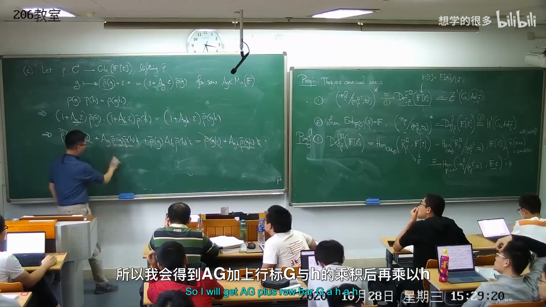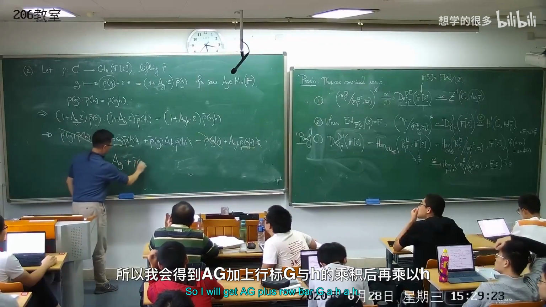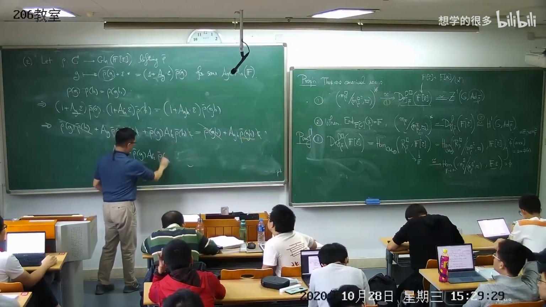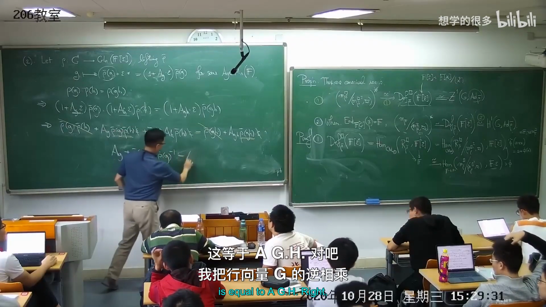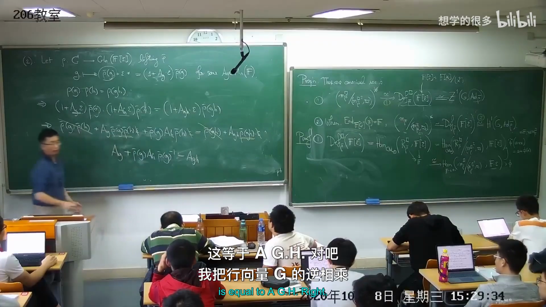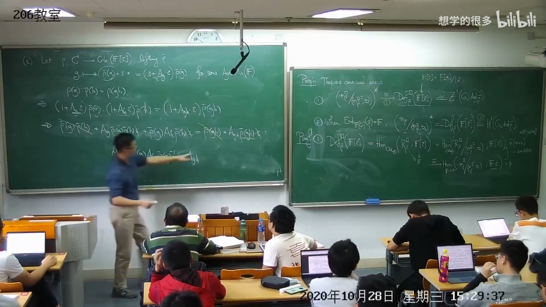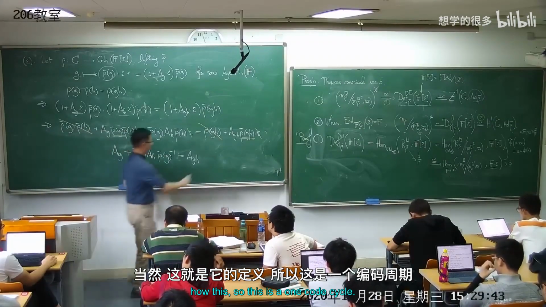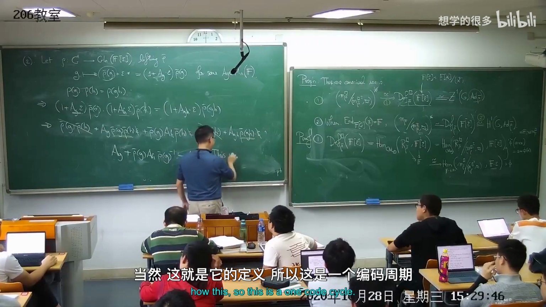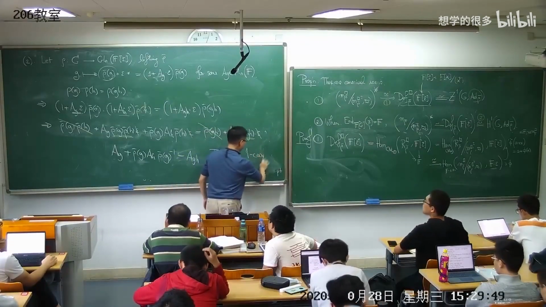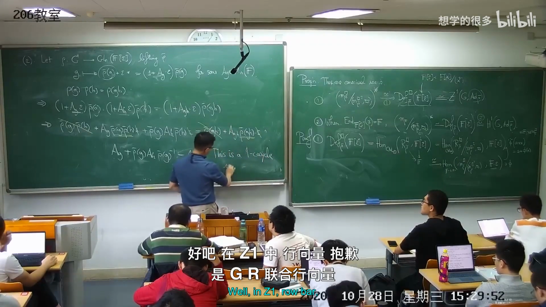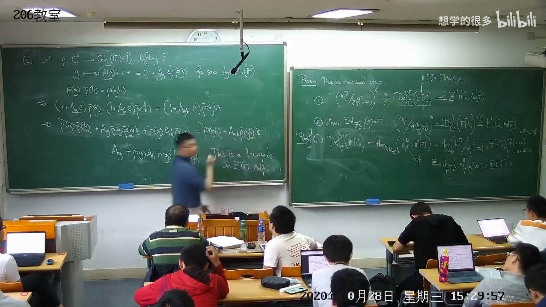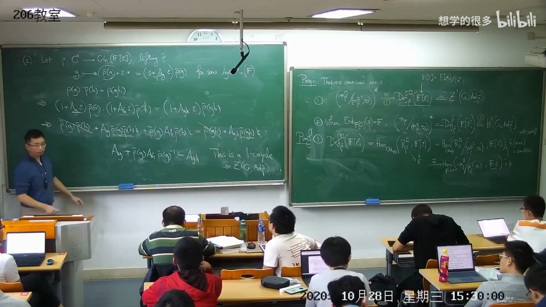I get AG plus rho bar G AH rho bar G inverse, which is equal to AGH. And of course, what this is, is a one co-cycle in Z1 of G, adjoint rho bar. It's very simple.